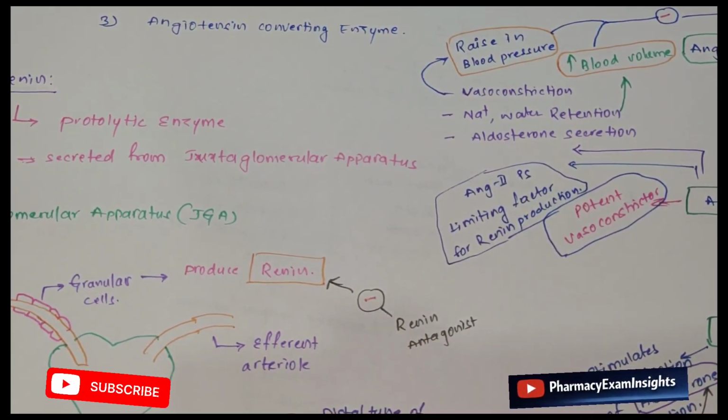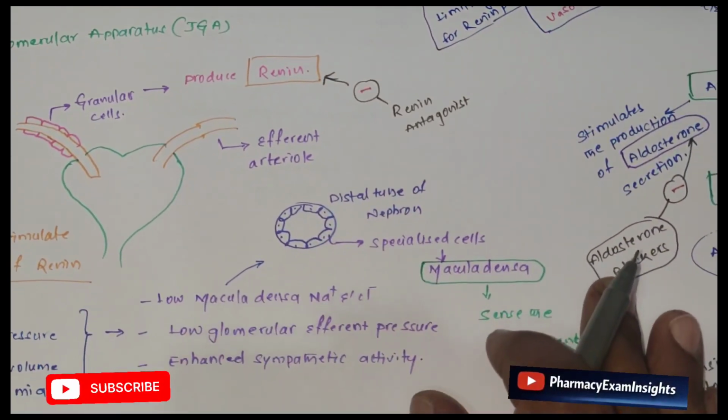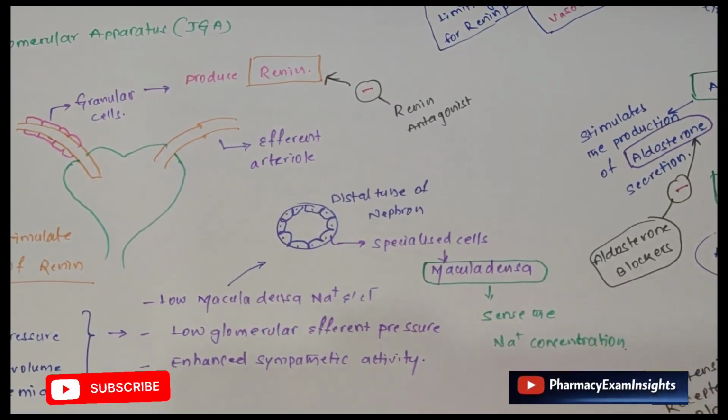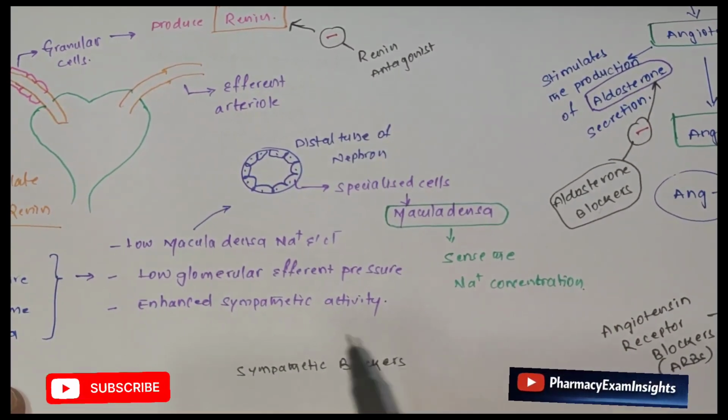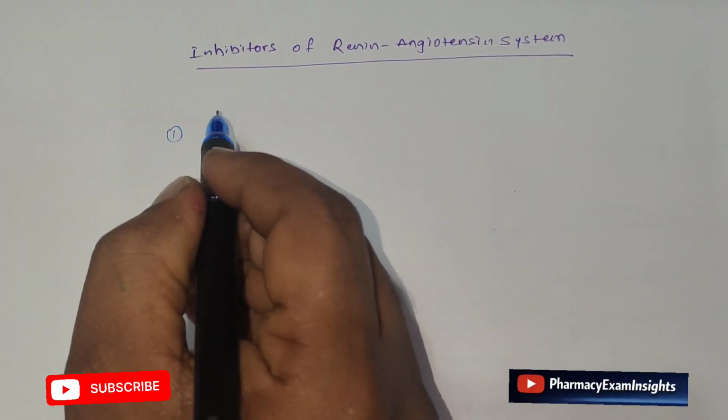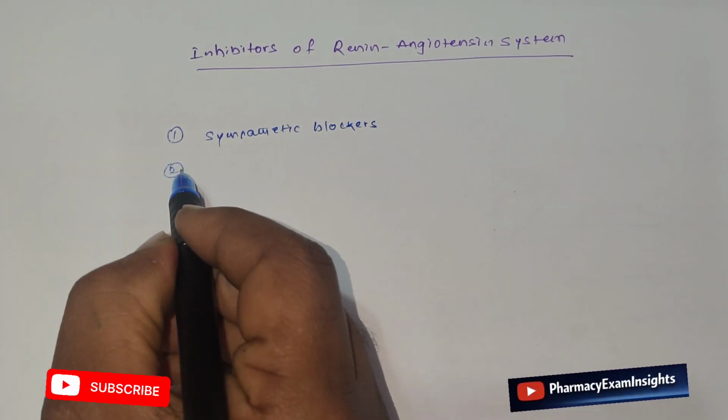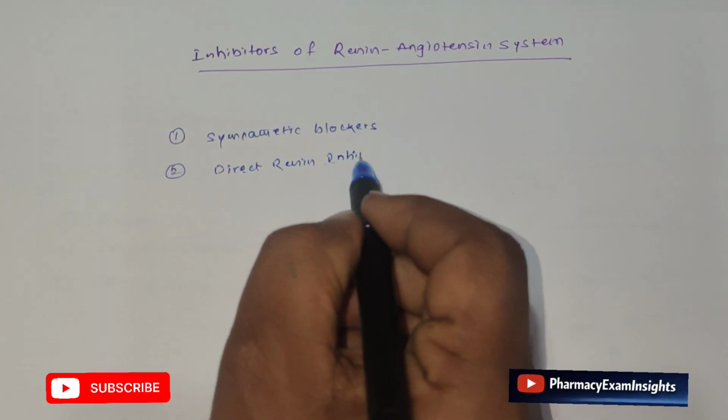As the sympathetic activity activates the production, so block the sympathetic. Blockers. Direct renin inhibitors. This is the rate limiting step.